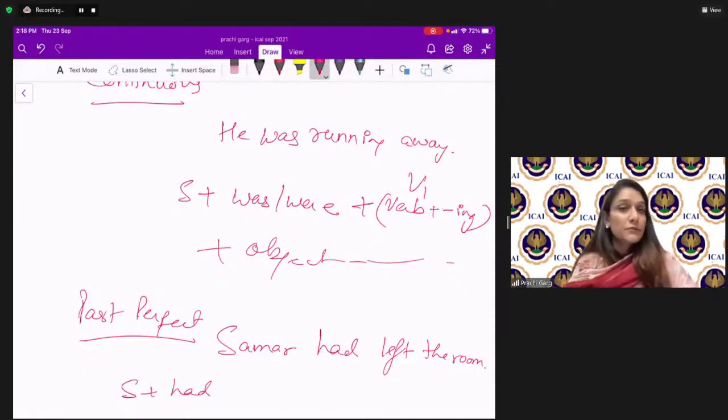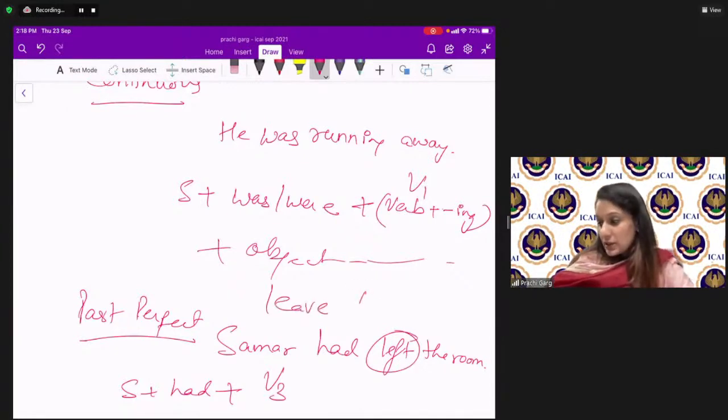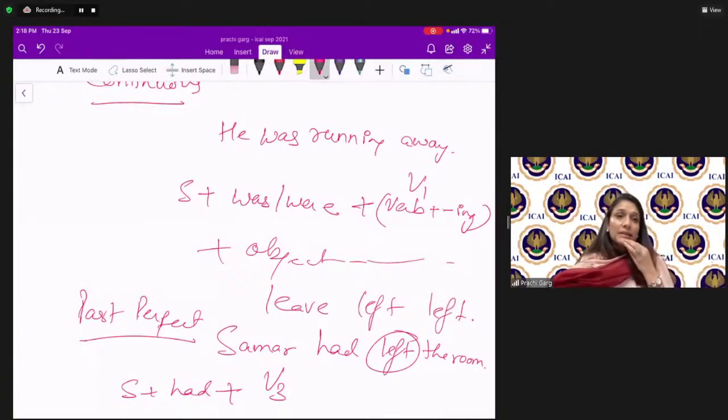Had is common for everyone, whether the subject is singular or plural. Then you have the third form of the verb, in this case left. Leave is the first form, then left and left as the second and third forms. I told you that in many cases the second and third forms of the verb are the same. So Summer had left the room.